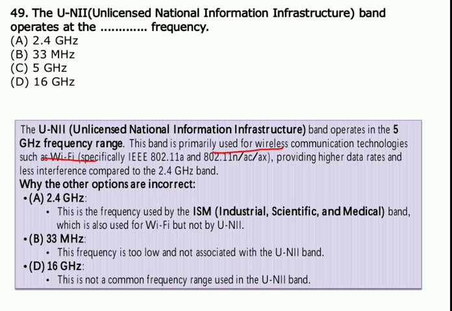The 2.4 GHz band is used for industrial, scientific, and medical purposes. It is also used for Wi-Fi, but not by UNII. And 33 MHz and 16 GHz are not related to the UNII band. So option C is the correct one.